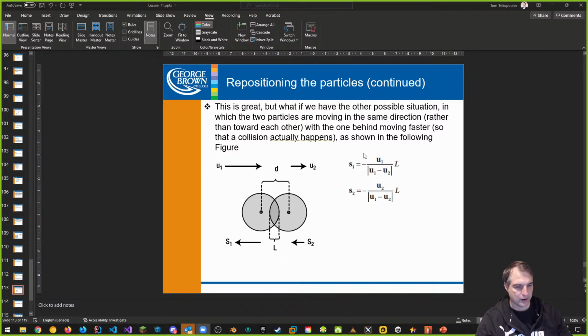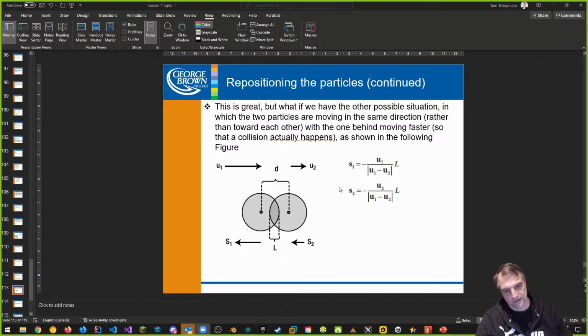So now we can figure out that S1, the total displacement where we want to move S1 back, is equal to U1, the negative velocity of particle 1 over the absolute value, that's what these lines mean, of velocity 1 minus velocity 2 times the overlap distance.